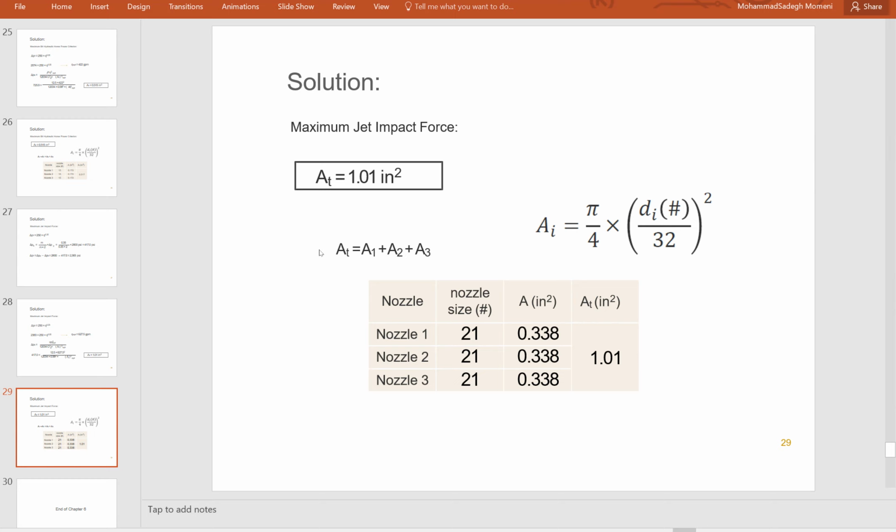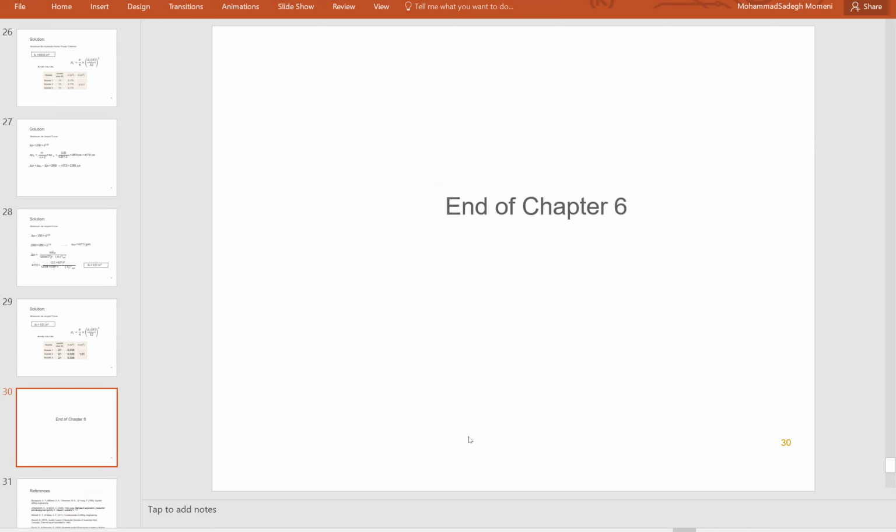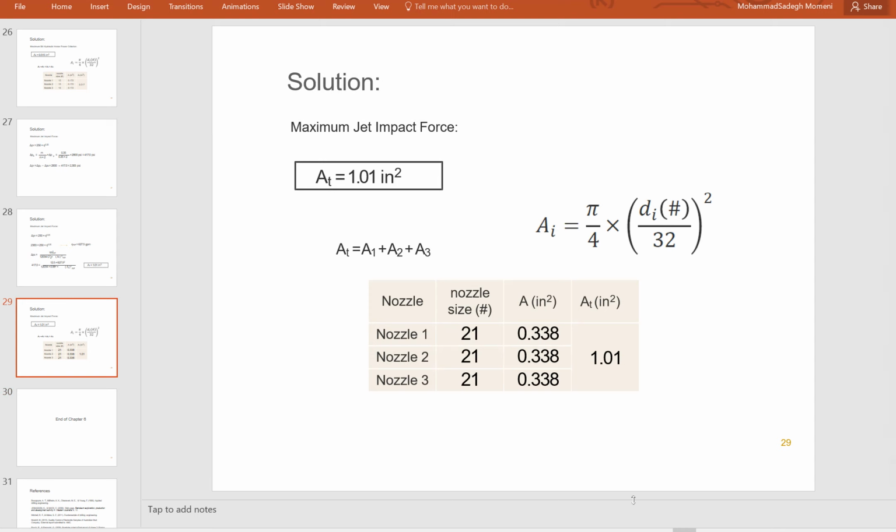And what nozzle size can give me this total nozzle area is actually 21 divided by 32. To find this value of the nozzle size, what we have to do is trial and error. With trial and error, you will be able to find it. Usually that would be the end of this small chapter that I have discussed.